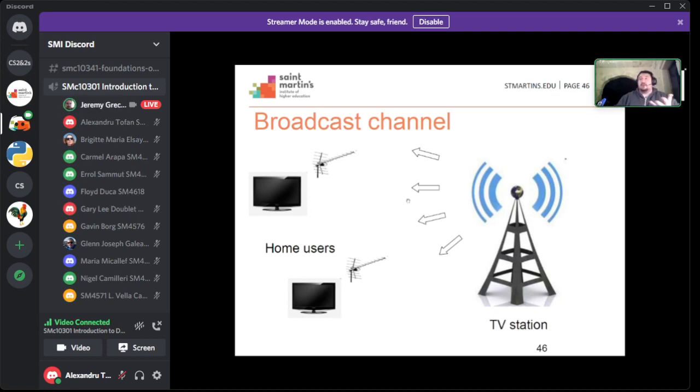You have your broadcast channel, where you have a transmitter transmitting indiscriminately over radio waves usually, and anybody within range of the transmitter who has a receiver will be able to receive that signal, decode it, and start listening in.